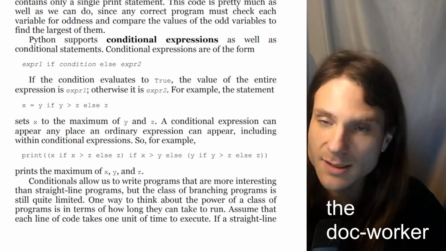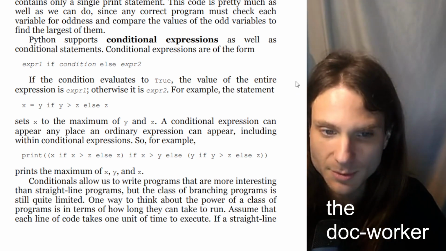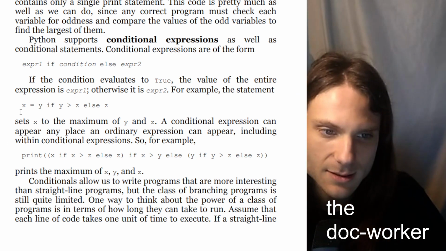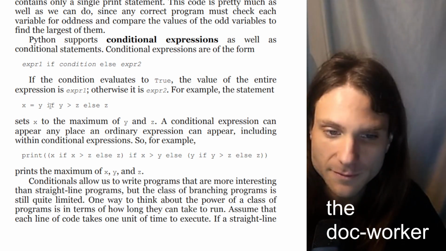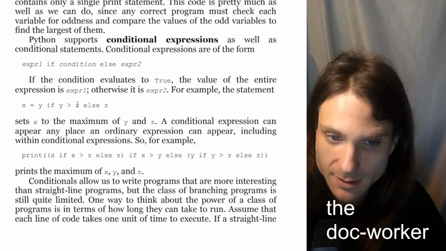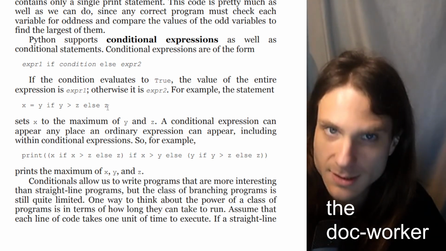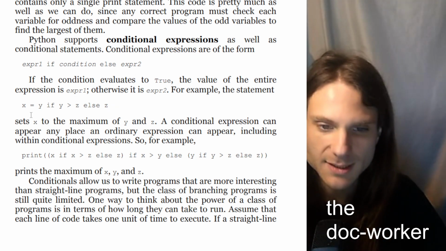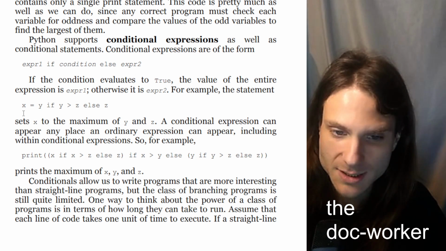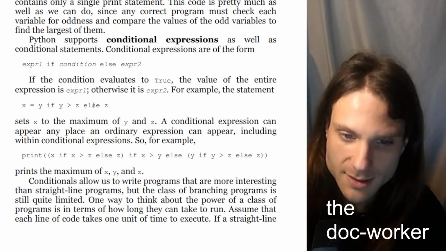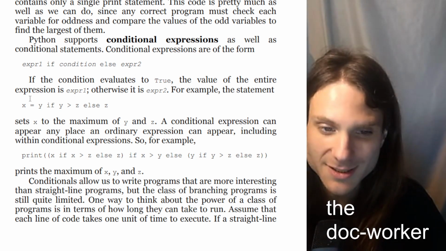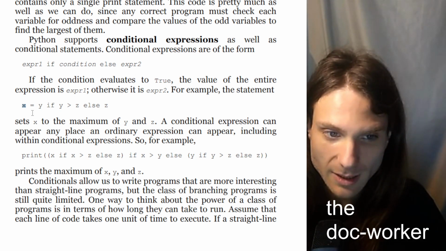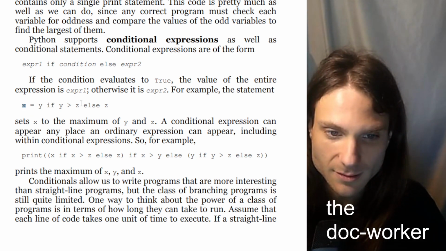Otherwise, it is expression 2. For example, the statement x = y if y > z else z sets x to the maximum of y and z. Whichever one is bigger will end up assigned to the variable x.